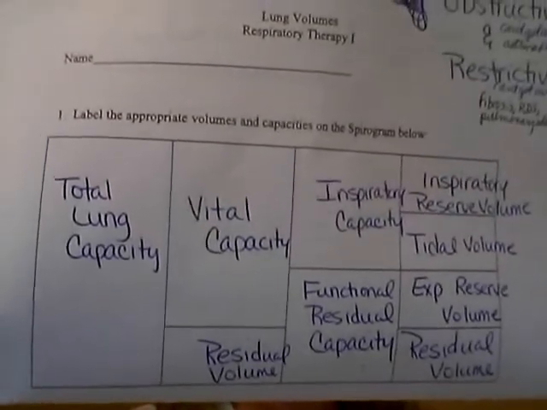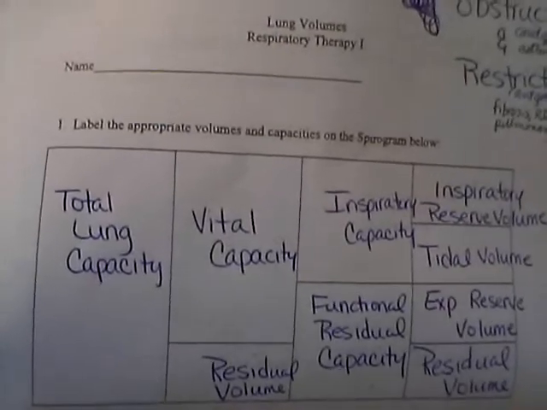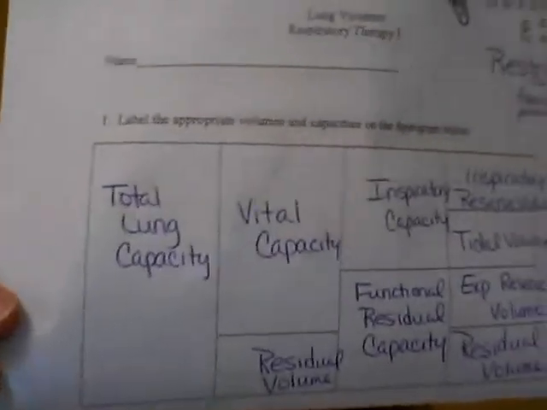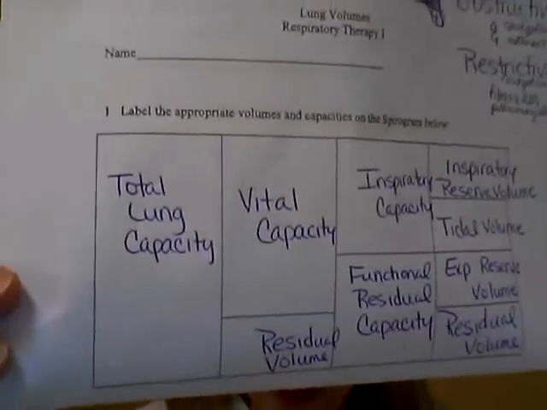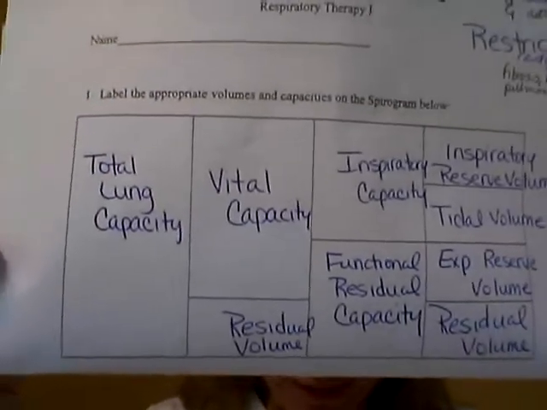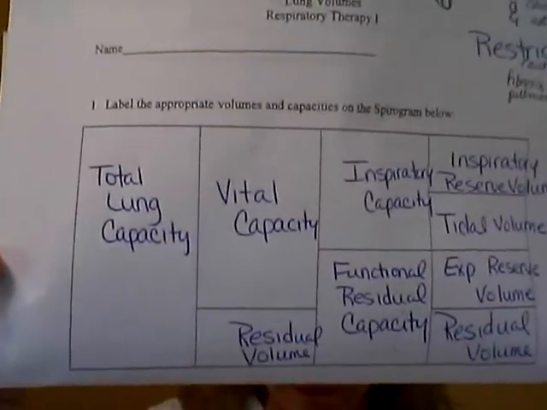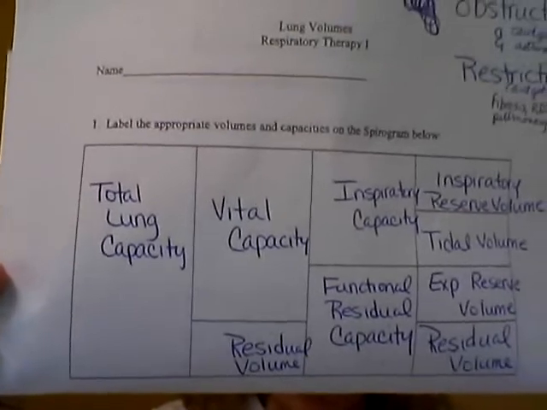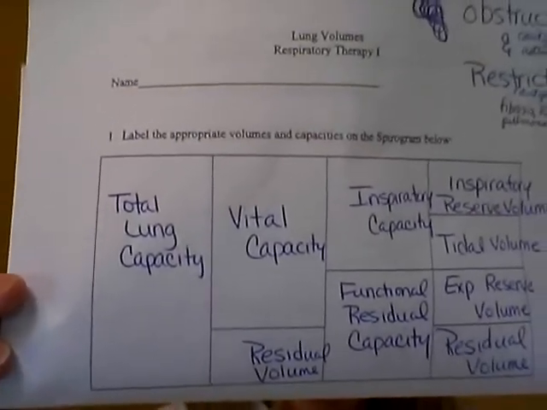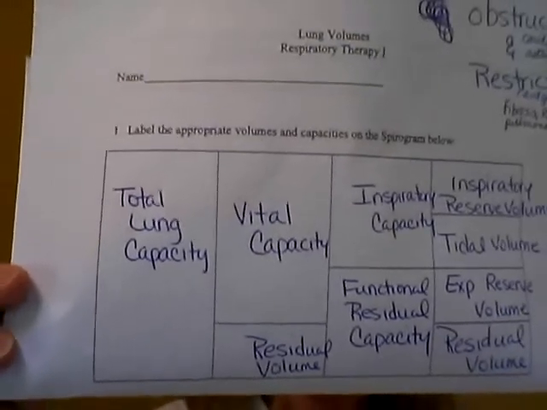So a capacity is a larger measure than a volume is. Now, if it's not Greek to you, you are a better person than I am, because it's still Greek to me. Remember, for a later unit that we're going to talk about, vital capacity there is what we're looking at when we do incentive spirometry.